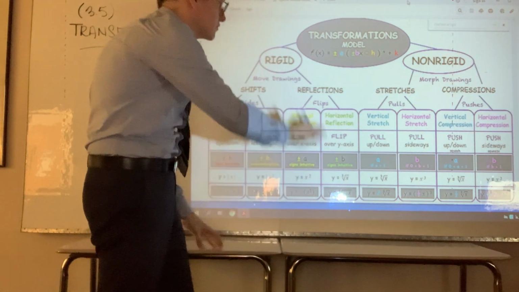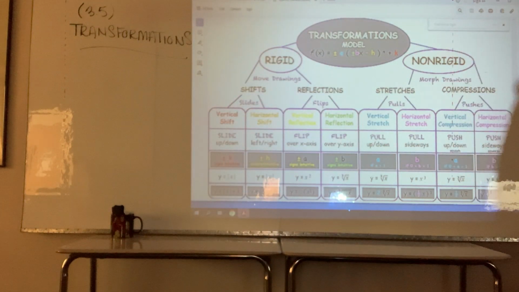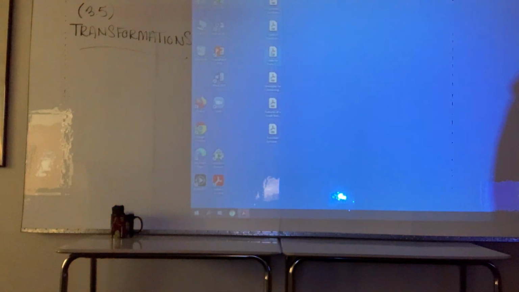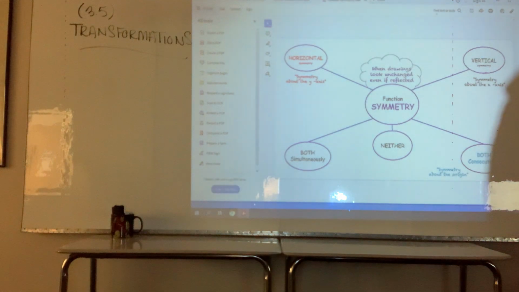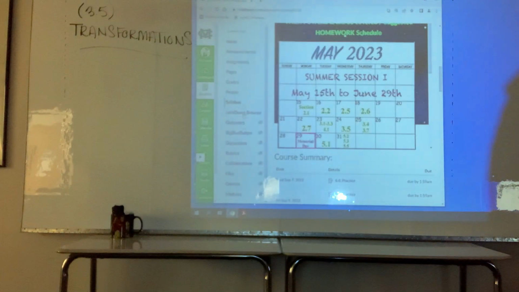I want to reiterate some information from maybe last class, when the subject of different function types came up. Not this one, I'm sorry. I have to dig for it.